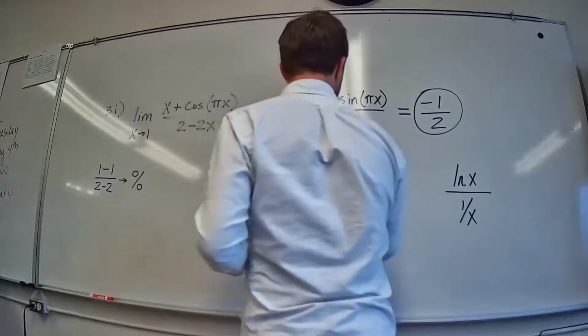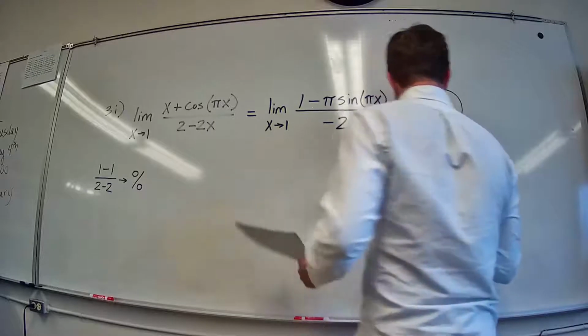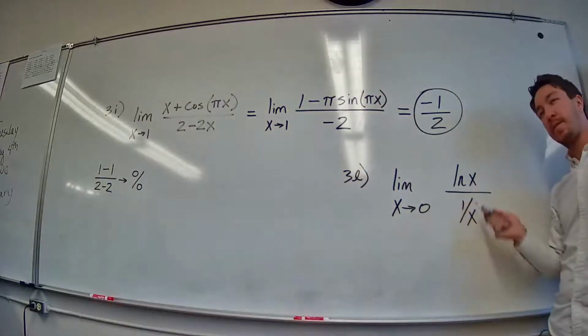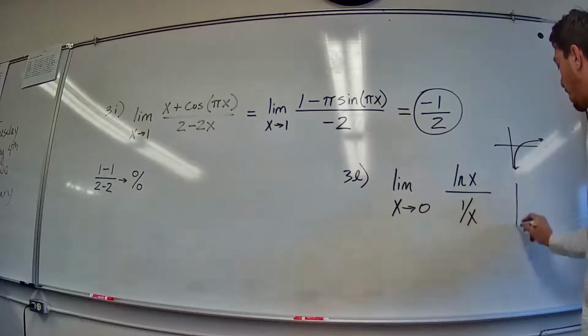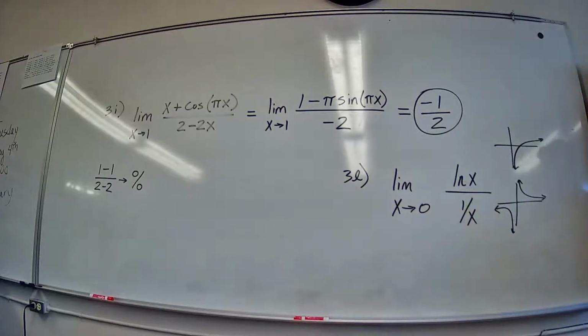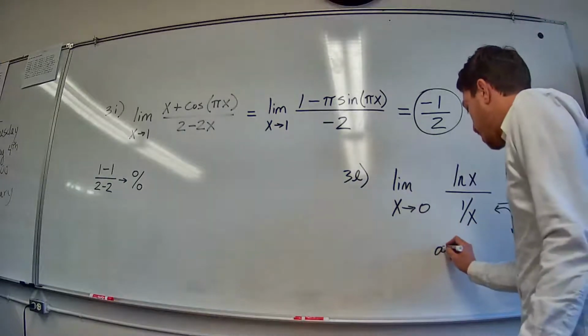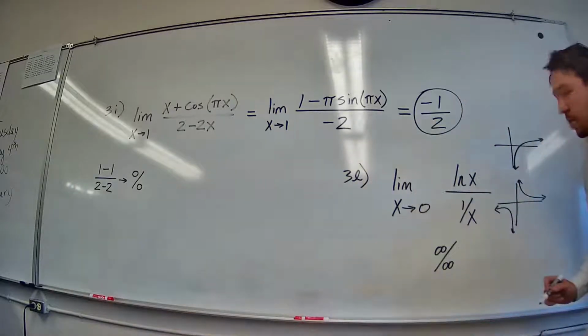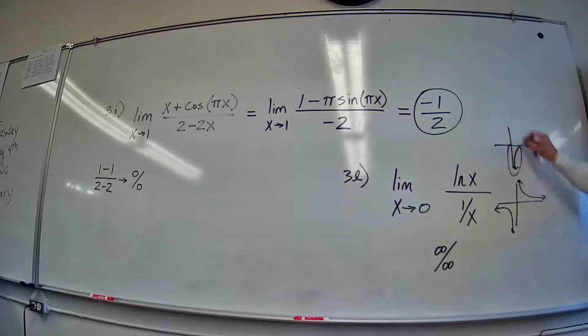I can't really plug 0 into either of these, but based on my knowledge of how the log function behaves and how the 1/x function behaves, something's going on here: these are both kind of like infinity over infinity. If x is really close to 0, log is enormous, and so is 1/x. They're both really huge.